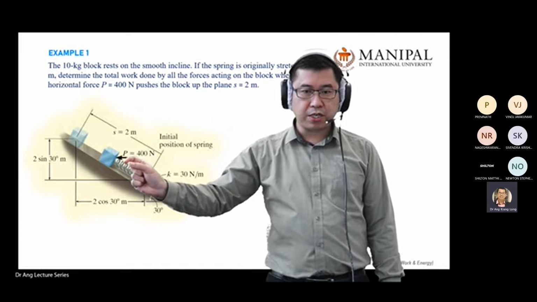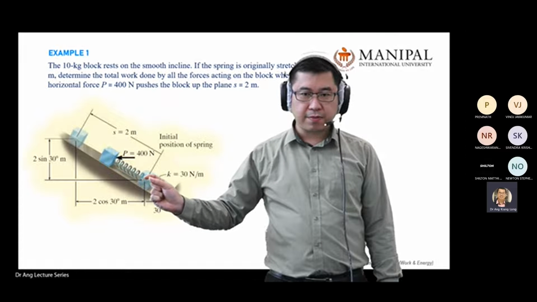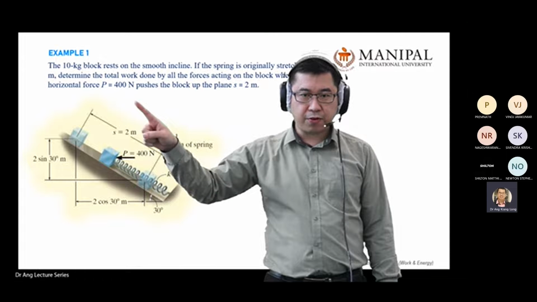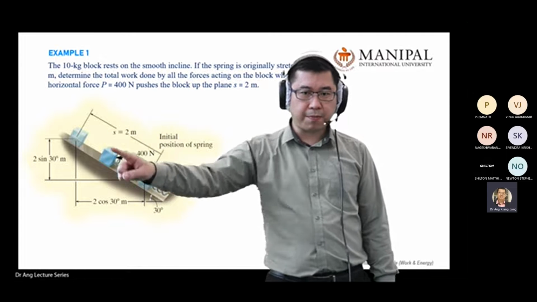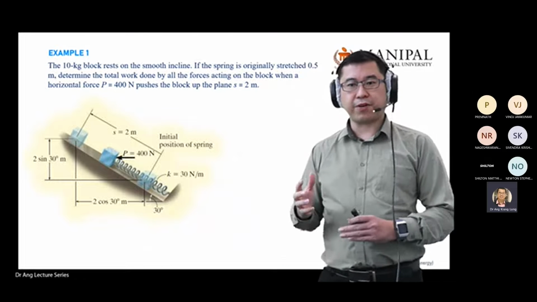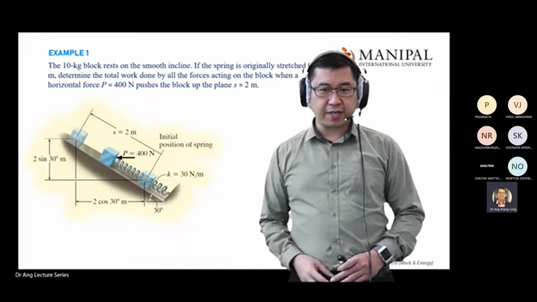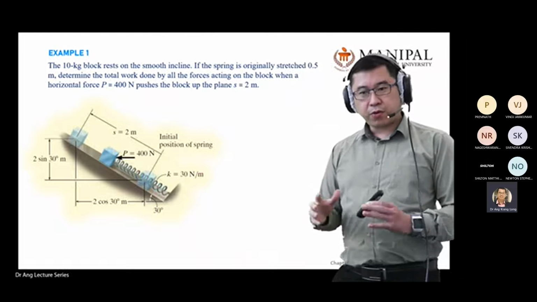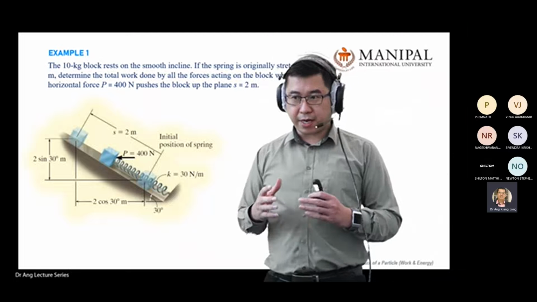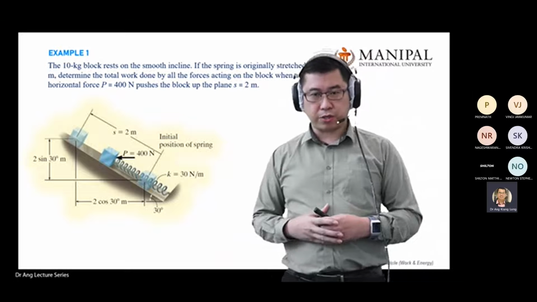So initially you start from here, and then there is a force of 400 acting on the cube. You push the block up. Okay, so there are lots of actions over here. One is by the force, one is by the spring. When you read a chapter 3 kinetics question, try to observe what you have in the question.